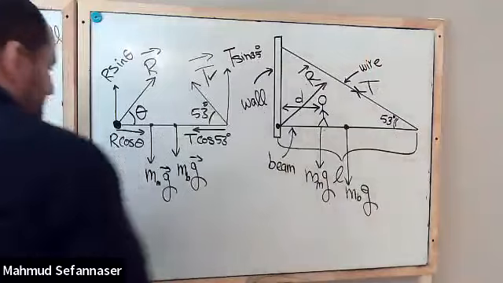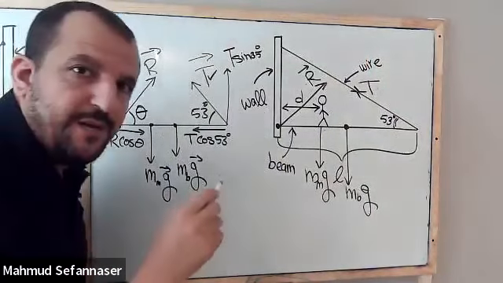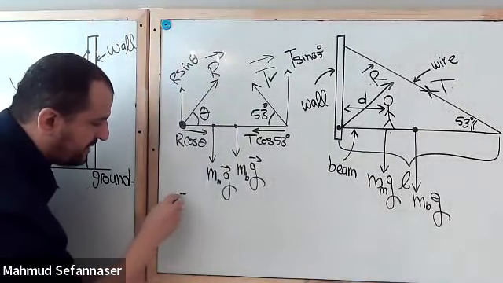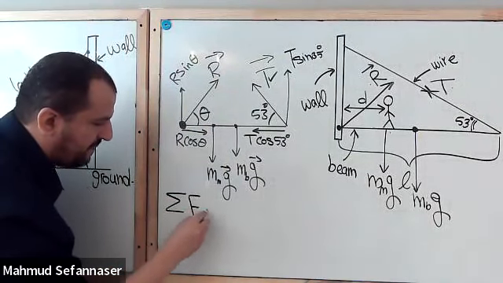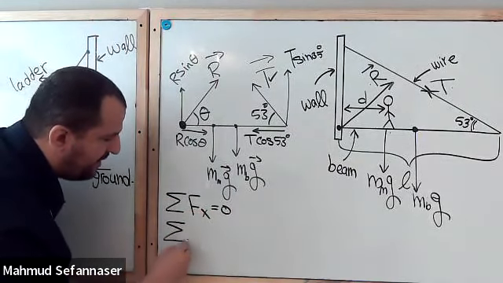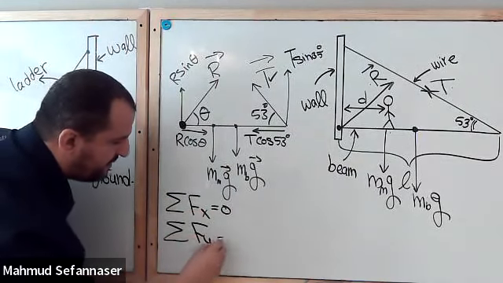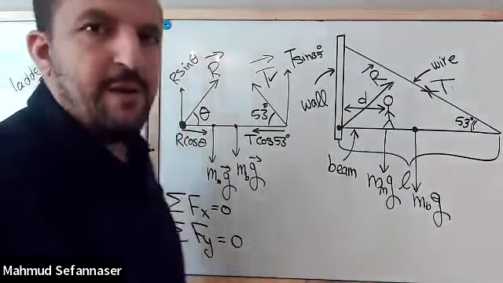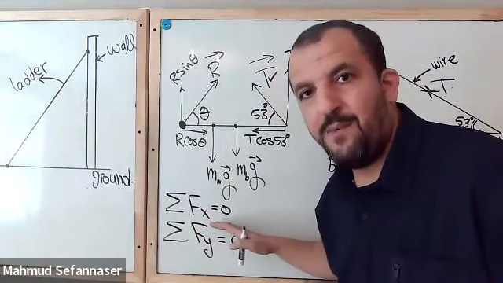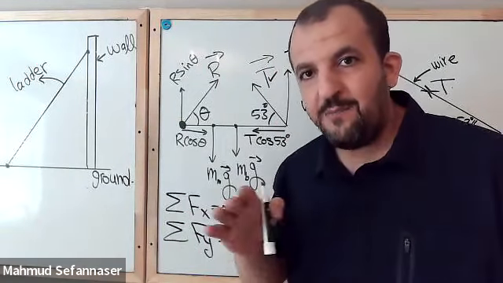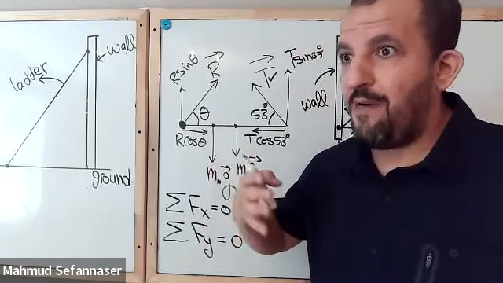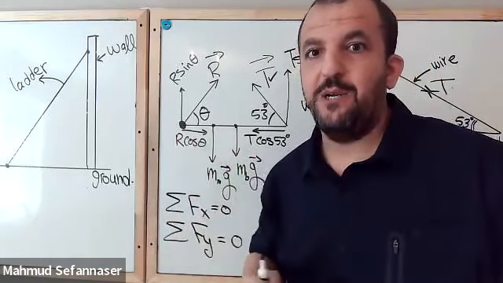If I do that, I always use this idea: summation over x forces is equal to 0, and summation over Fy forces is equal to 0. This is the definition of equilibrium under linear motion. Earlier, we used the idea of equilibrium from rotational motion.